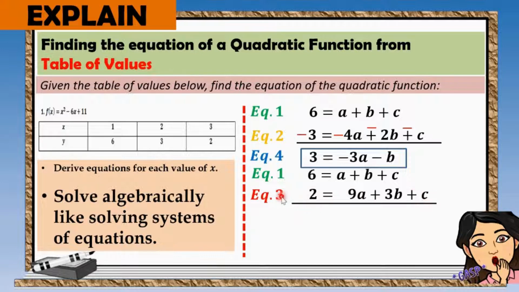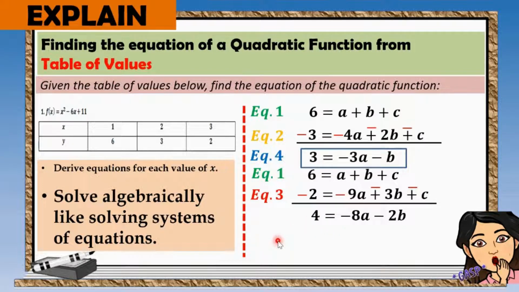Change all the signs here: negative 2 equals negative 9a minus 3b minus c. So, we can now simplify this equation. 6 minus 2 is 4. a minus 9a is negative 8a. b minus 3b is negative 2b.